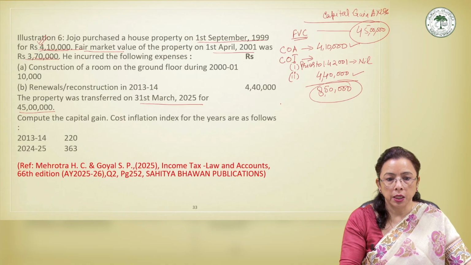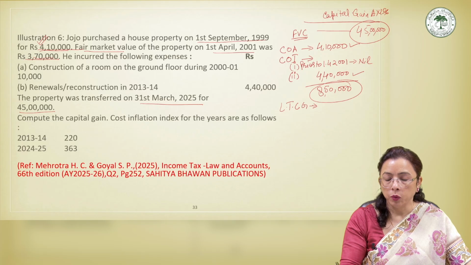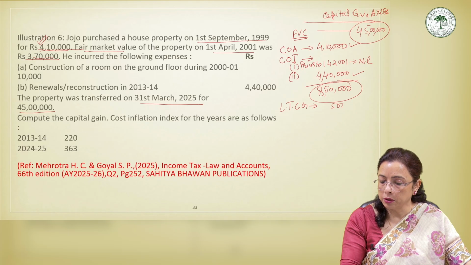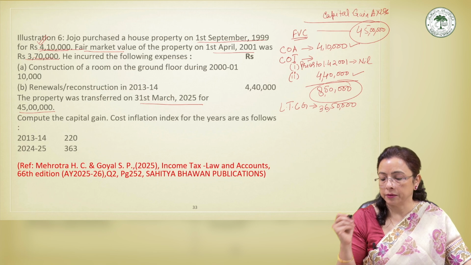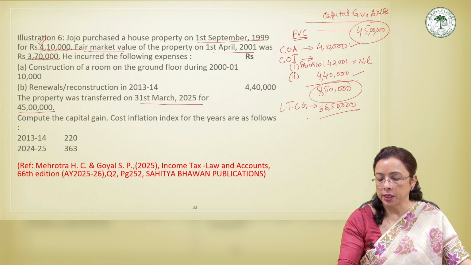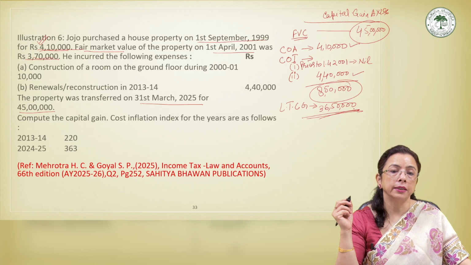So the long-term capital gain here will be 36,50,000, that is the LTCG earned in this situation.